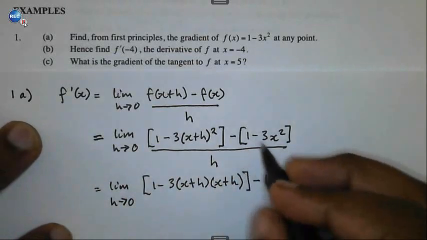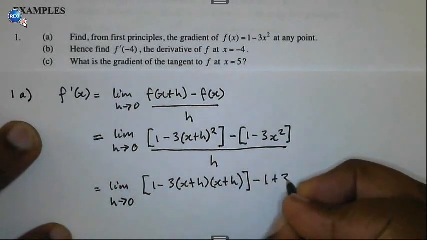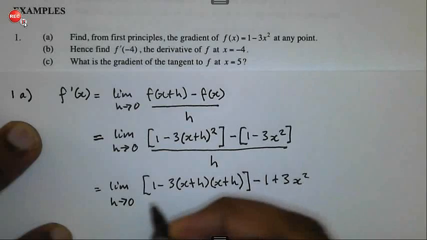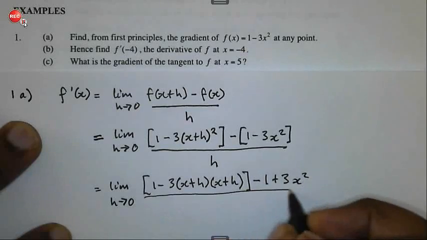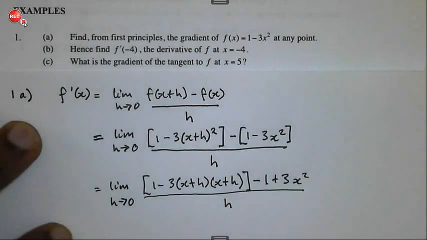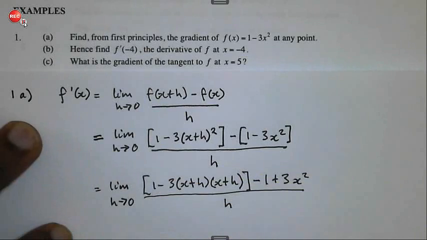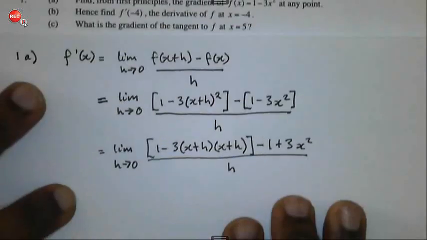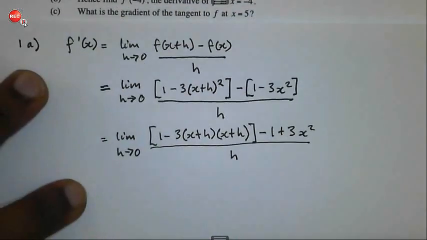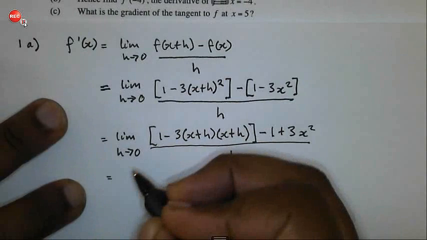Obviously negative and the negative makes a positive 3x squared, all this over h. Now we have to do our binomial expansion here. You normally know it as FOIL. Okay, so we're going to do that there. So that is the limit.